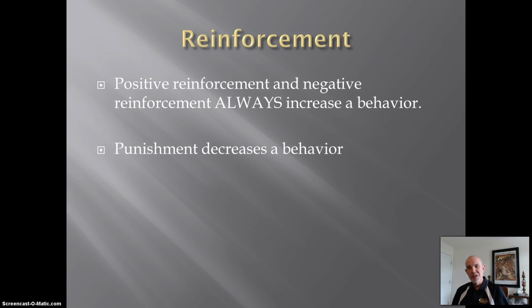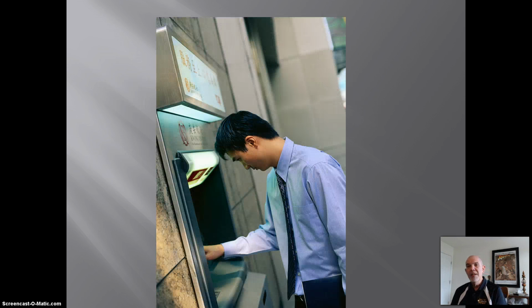Now, to finish out this section, let me begin talking about schedules of reinforcement. At an ATM machine, when you enter your password, you'll get your cash back. It does not matter when you last used the machine. It does not matter how many times in a row you do this.